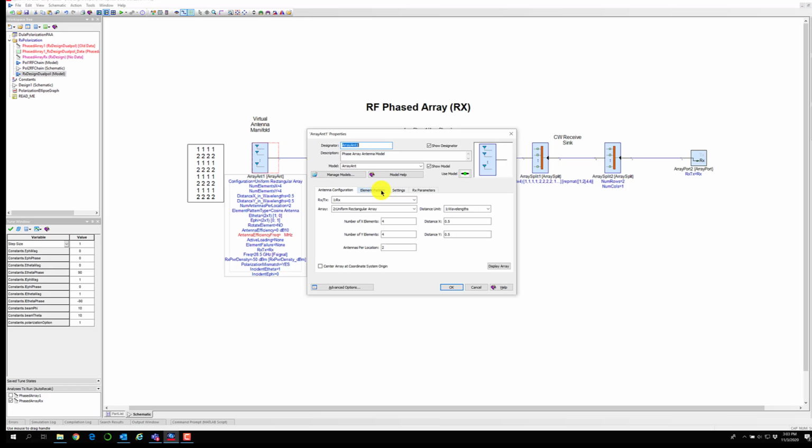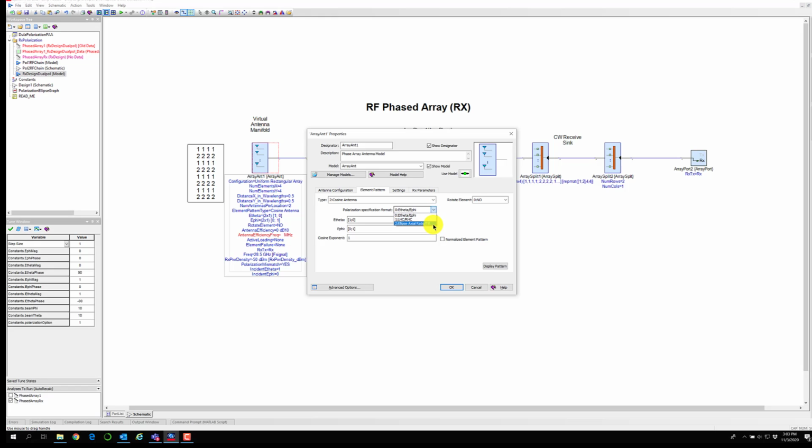Each element, what type of polarization will it be? As we saw, 16 of them are one type of polarization and the other 16 are the other type. These two types of polarizations can be E theta, E phi. They can be left-hand circular or right-hand circular.